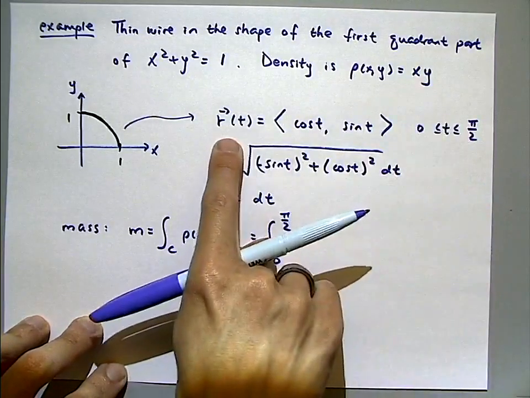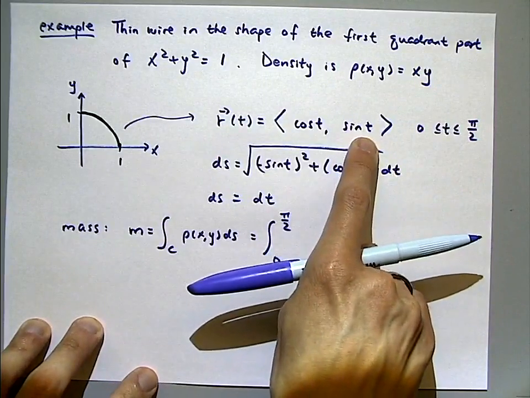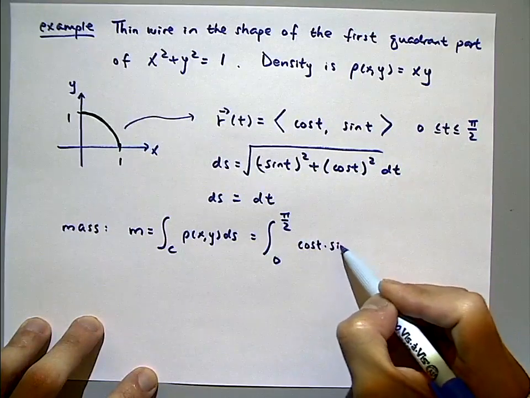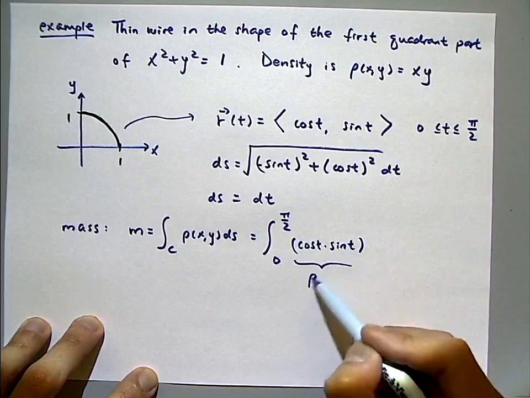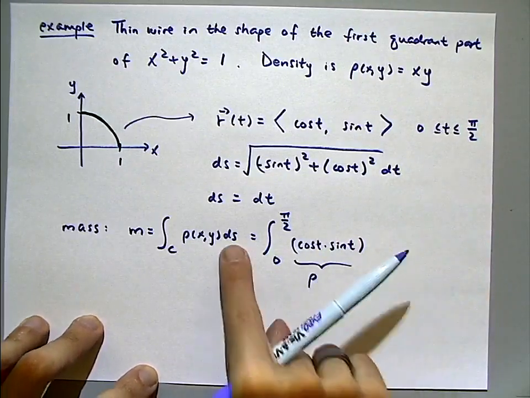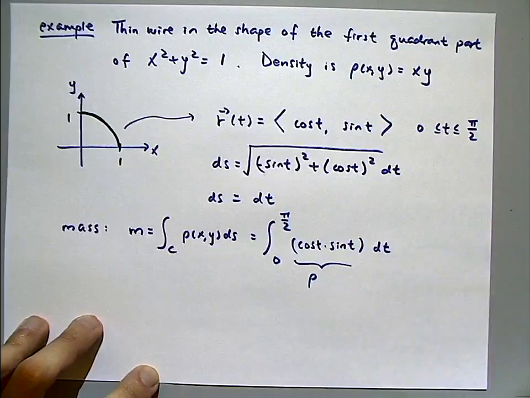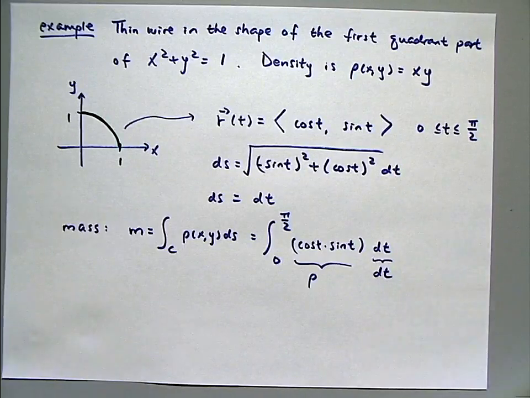And on this curve that we use to parameterize that, x is cosine, y is sine. So rho becomes cosine times sine. Right, so this is our rho, density. ds, we calculated to be dt. So that's pretty nice. That's ds.